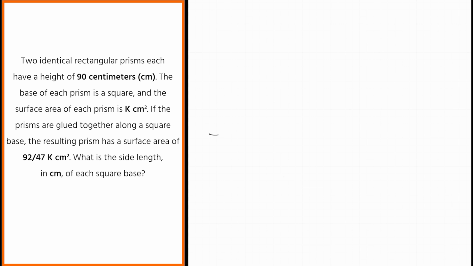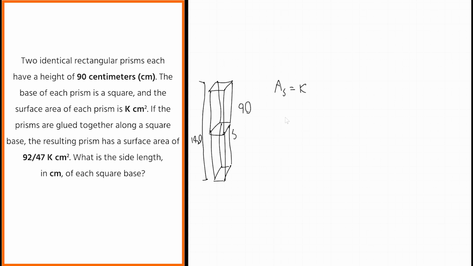We'd have a rectangular prism, which would be two squares connected by four rectangles, and we know that the height is 90 centimeters and the side length we don't know, we're trying to find, we'll call it S. So we have two of these, and we know for each one the surface area, which I'll call A subscript S, is K. And then if we glue two of them together, which would look like gluing a second one on the bottom here, now we would have one that has a height of 180 centimeters, and that double-stacked rectangular prism would have a surface area of 92/47. Let's think about how we can use this information to figure it out.